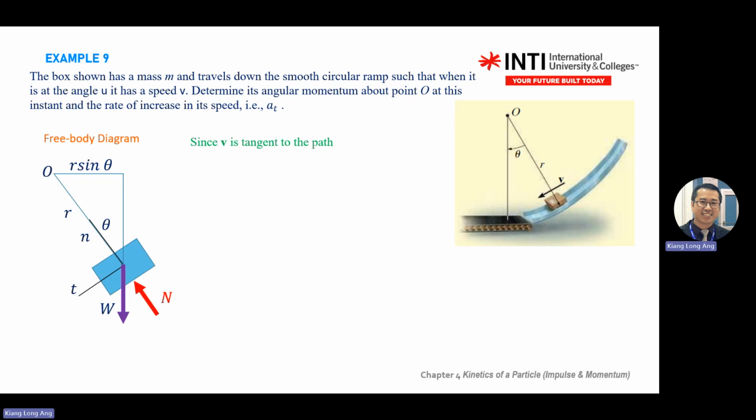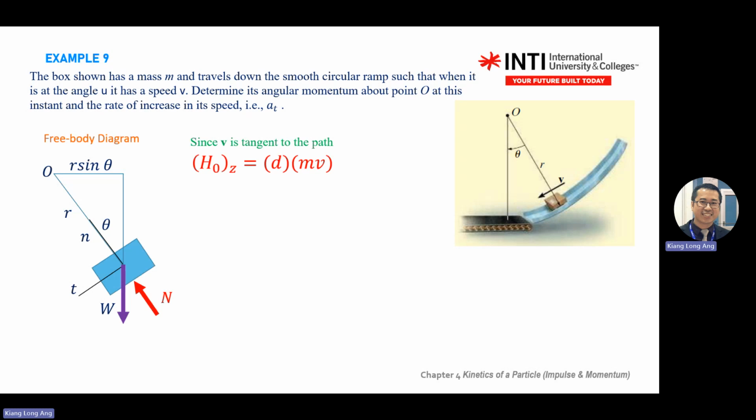You are focusing on the body. The normal always points to the body and not to the floor. If you drew it that way, don't make the same mistake for test 2 or the final exam. If you draw this, I don't need to mark your question. Straight 0, because everything is wrong already.